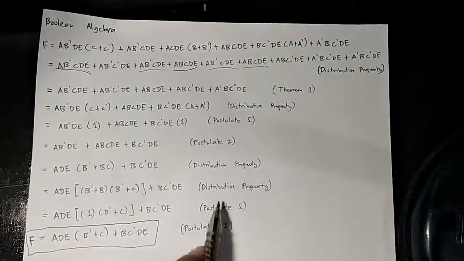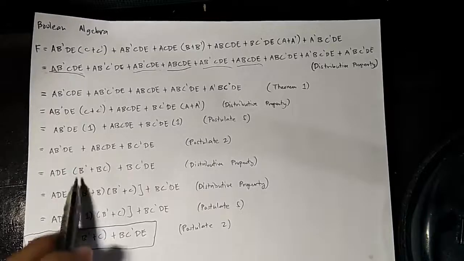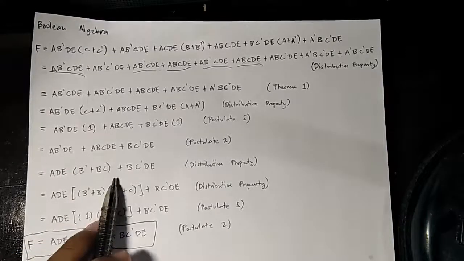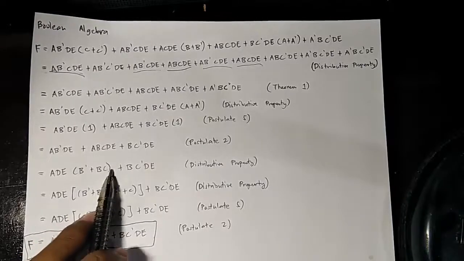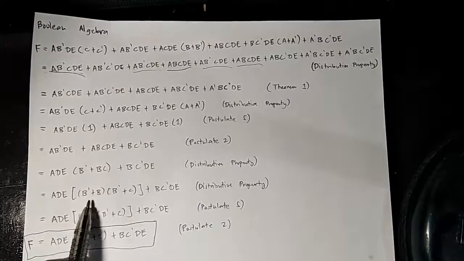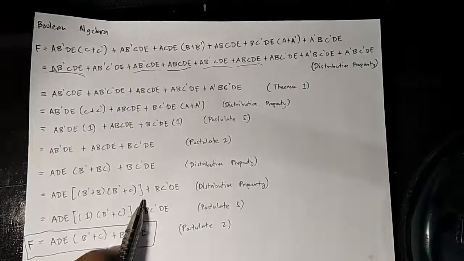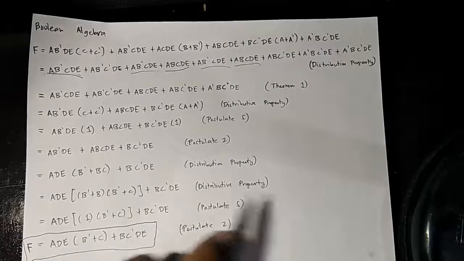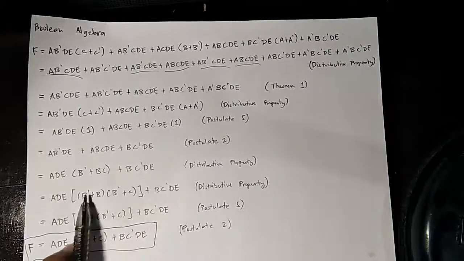And according again to distributive property, this one can be regarded as B' plus BC', or B' or B and C'. So according to distributive property, this is equal to B' plus or B and B' or C. And again, according to postulate 5, this one here will become a 1.